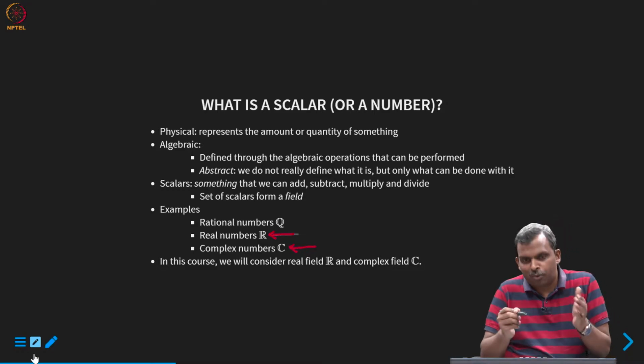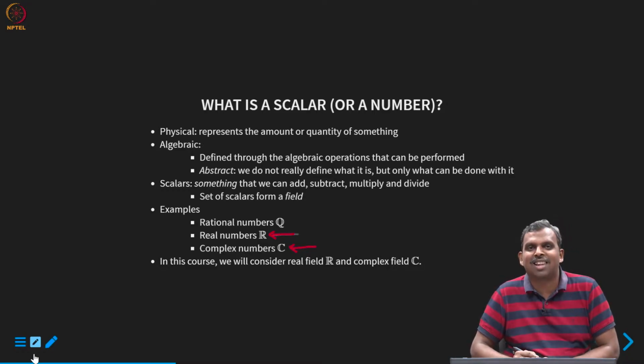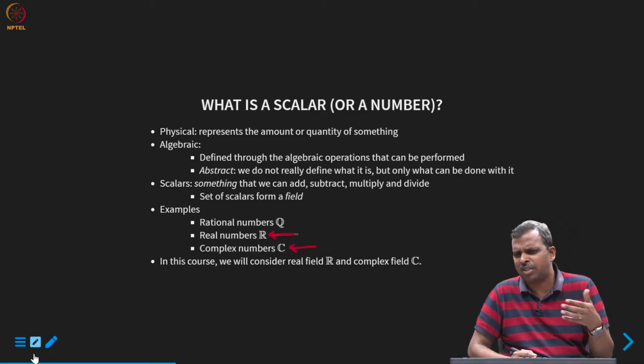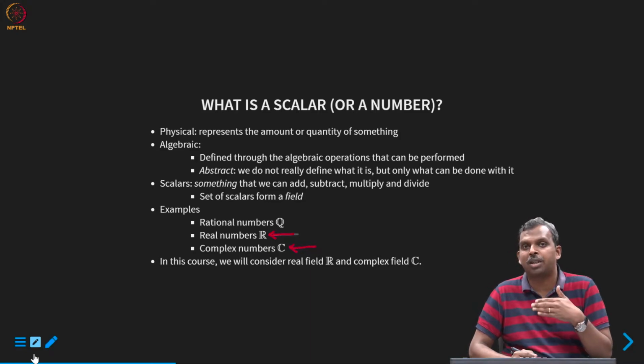Hopefully with this one slide I've given you an inkling of what scalars are, what numbers are, and how we think of numbers in this course. We are ready to move to vectors. So what is a vector? A number, I said, represents some quantity of something physically, but I don't really care too much about what it physically represents. I only care about the operations I can do with it.